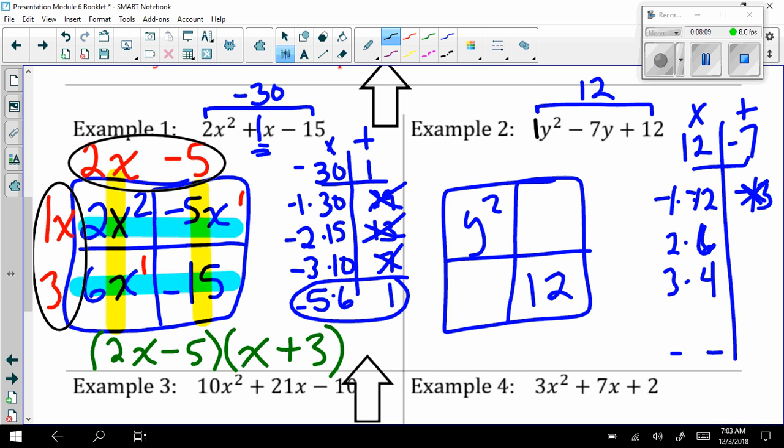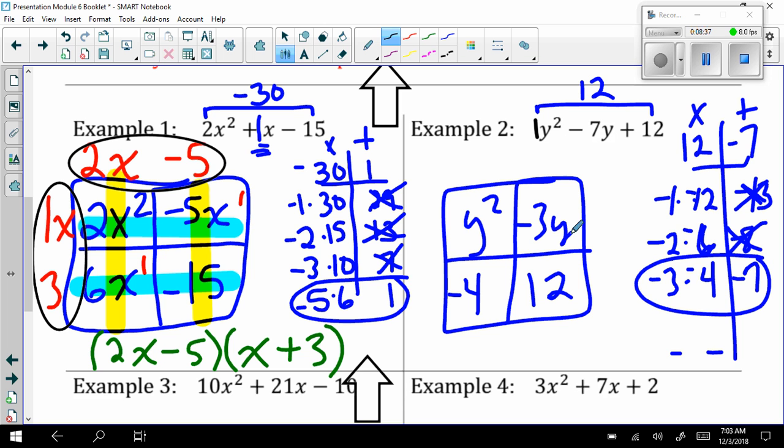Negative 2 and negative 6, that adds to a negative 8. That doesn't work. Negative 3 and negative 4, that adds to a negative 7. So that one works. So I'm going to put in negative 3, negative 4, but remember I'm trying to add to 7y, so I need to put the y with it.